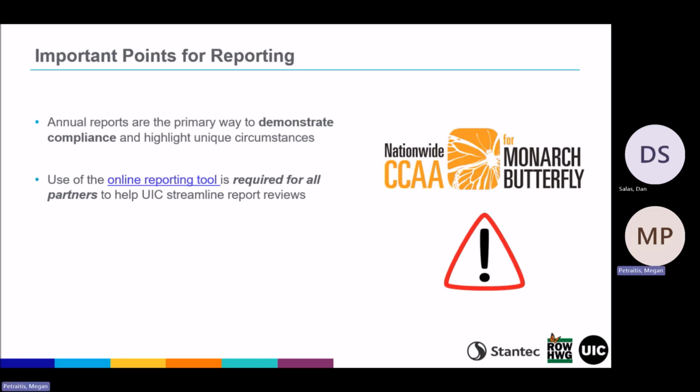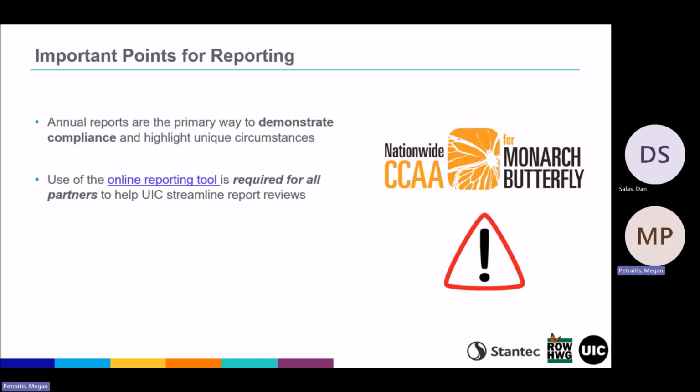Some important points to remember. Annual reports are how we primarily learn and know about what you are doing to stay in compliance for the Monarch CCAA and highlight any unique things you encountered over the past year, any circumstances that may have inhibited your ability to implement the program.